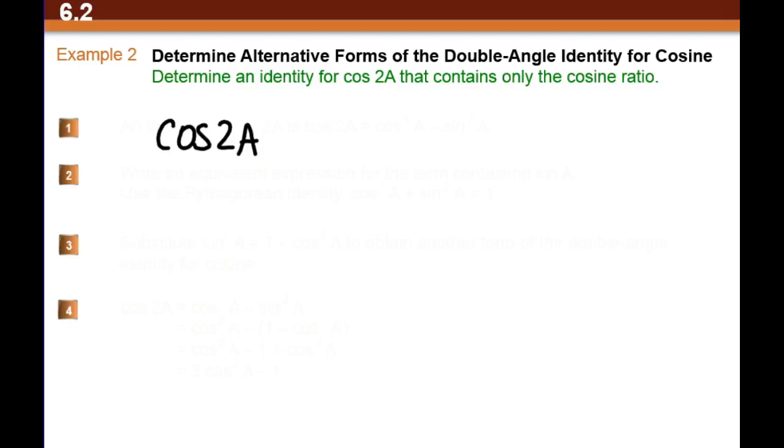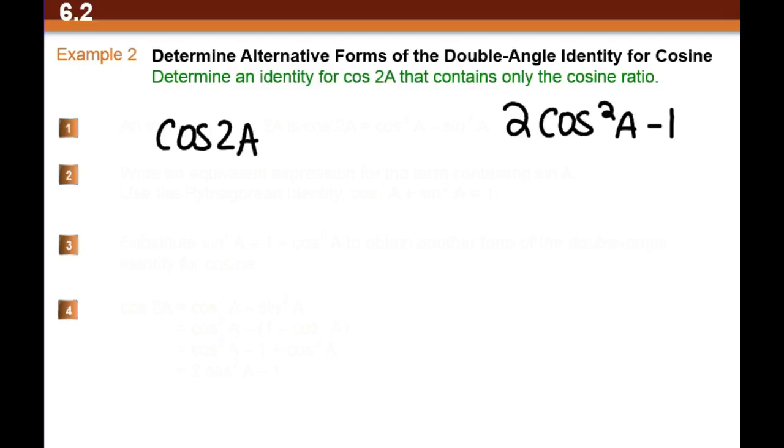So if you were looking at cos 2a, you'll notice on your sheet, oh, that only has a cosine ratio, sorry. If you're looking at your sheet, cos 2a has like 3 options, and they're looking for the one that only has cos in it. Okay, so what does that one look like? 2 cos squared a minus 1, right? So if we had that on the sheet, that would be our answer.